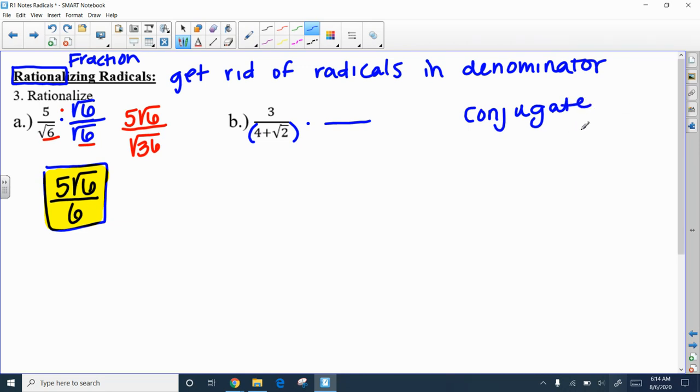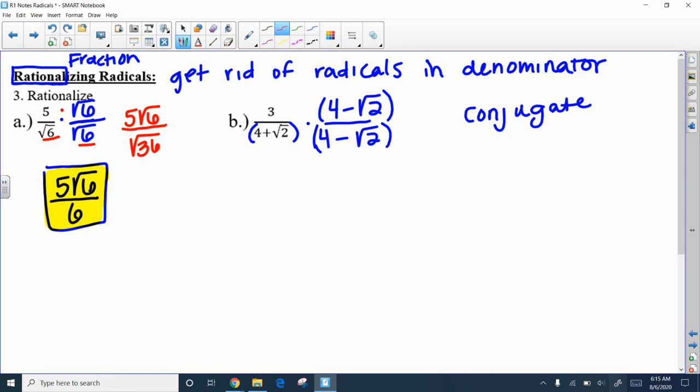So here, if we have 4 plus square root of 2, the conjugate is 4 minus square root of 2. Notice I put it in parentheses because I'm going to have to multiply by this. I'm going to have to use my distributive property or FOIL here. And since I multiply by 4 minus square root of 2 on the bottom, I also have to multiply by 4 minus square root of 2 on the top.